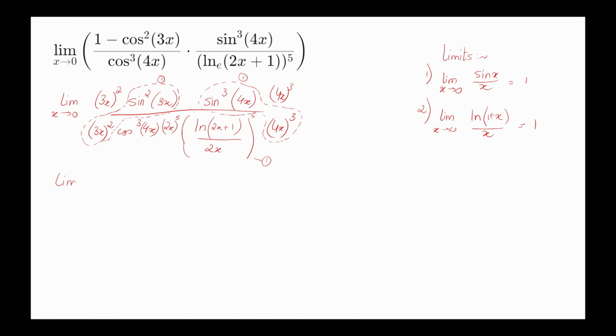So from here, what am I basically left with? I'm left with 3x square into 4x cube upon cos cube 4x into 2x whole to the power 5. So here x would get cancelled out. If I put x as 0, cos cube 0 is simply 1, so this can be removed.